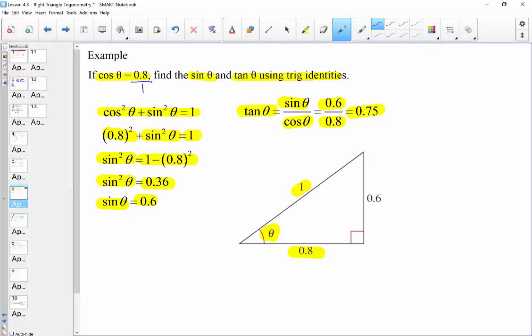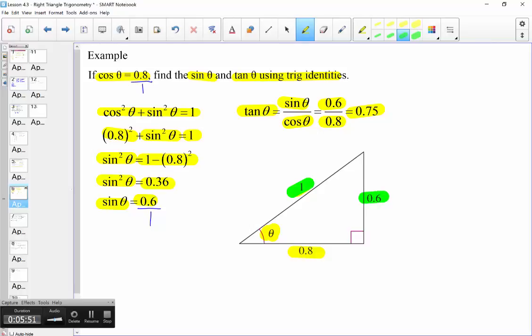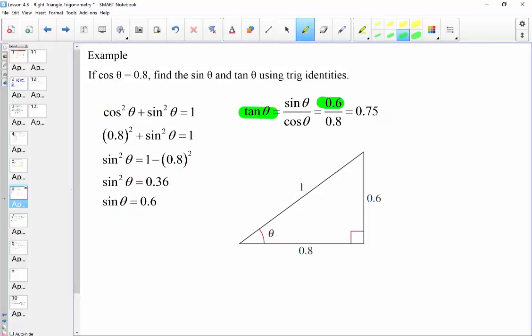Similarly, we know that the sine of theta equals 0.6 over a denominator of 1, so we can say that the sine of theta equals the opposite side, 0.6, over the hypotenuse, 1. And finally, that the tangent of theta equals 0.6 over 0.8. So looking at angle theta, our opposite side, 0.6 over 0.8.